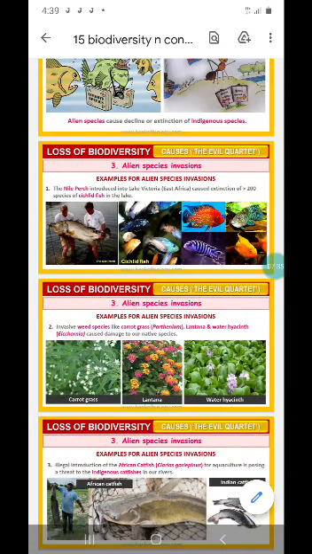The Nile perch. This is the Nile perch introduced into the Lake Victoria, which caused extinction of more than 200 species of cichlid fish, which are native to that Lake Victoria.